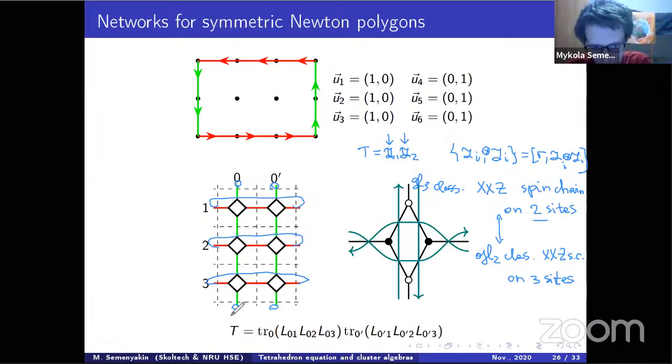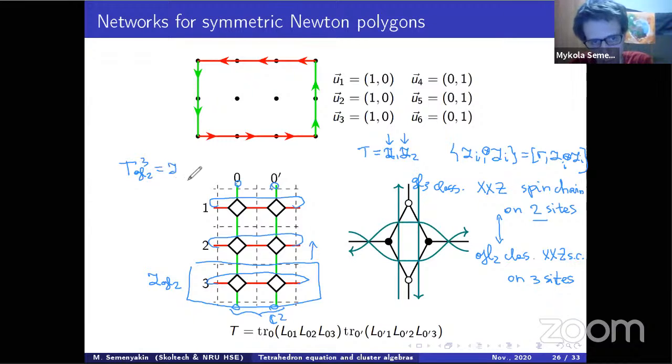So we have a two-dimensional auxiliary space in the sector with one path here, and each such block gives us the Lax operator of the GL2 chain. Then we can multiply 3 such blocks and get the GL2 chain on 3 sites by taking the multiplication of 3 such operators.